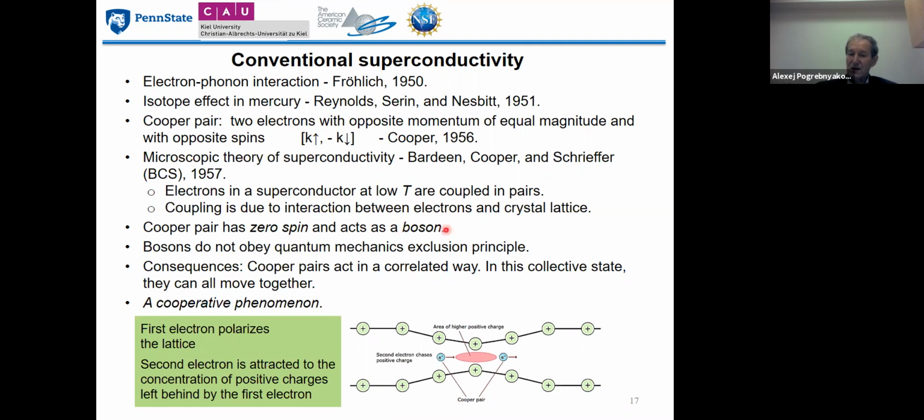And bosons are quite different from fermions because they can occupy the same quantum mechanical state. This is well known in lasers, for example, where emitted photons go into the same state. That is why laser radiation is coherent.